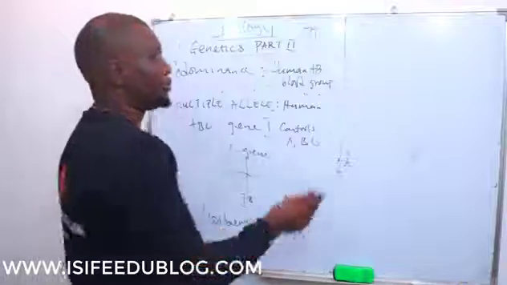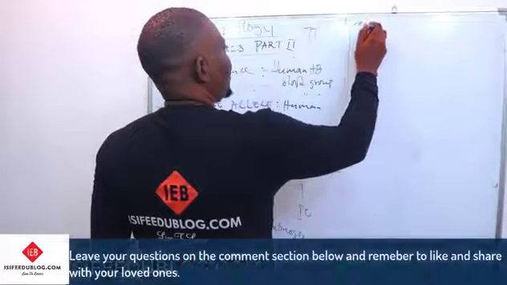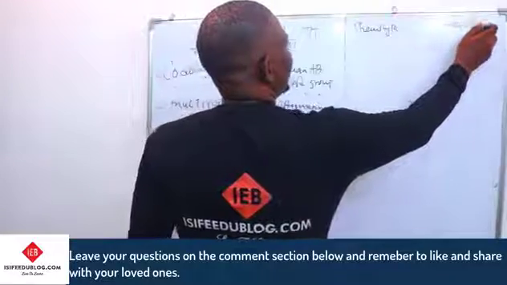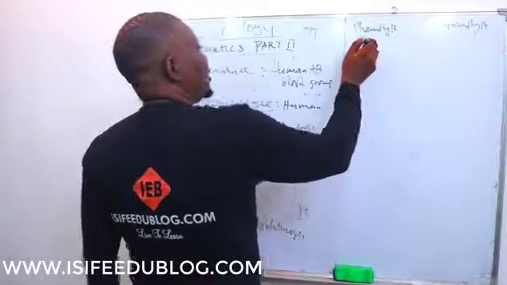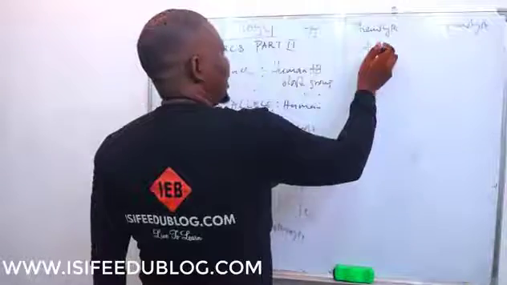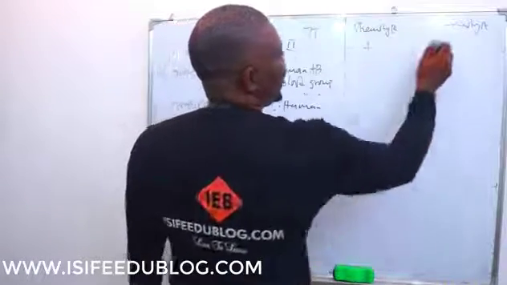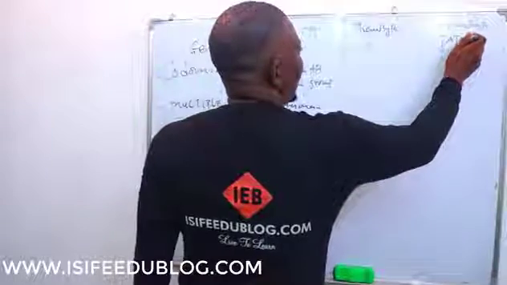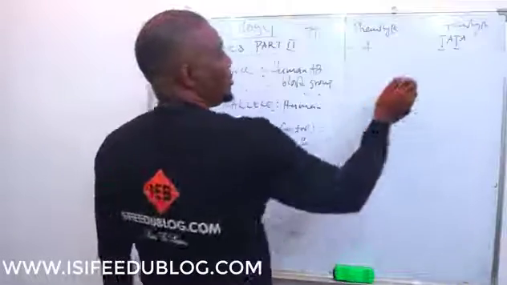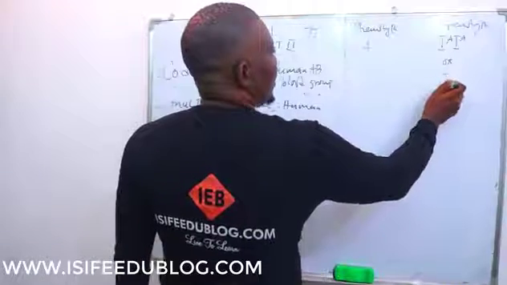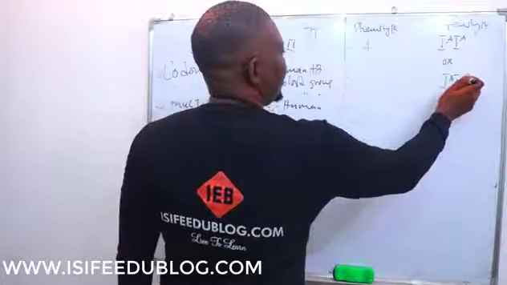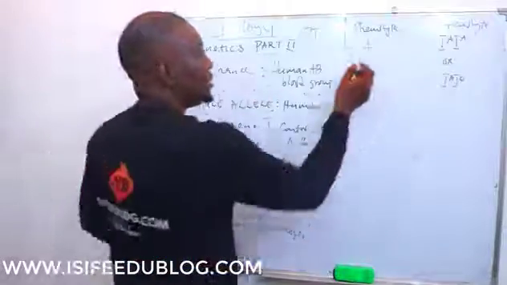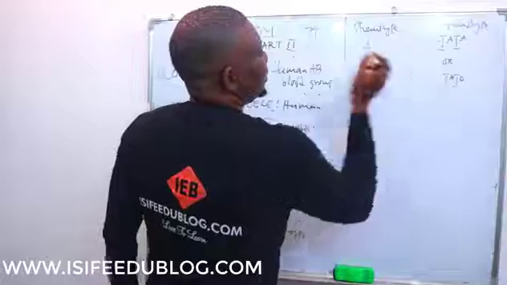In the blood group, just like we have physical appearance as phenotype and genotype, a blood group A phenotype can be either IAIA or IAIO. That is, blood group A can either be this or this.